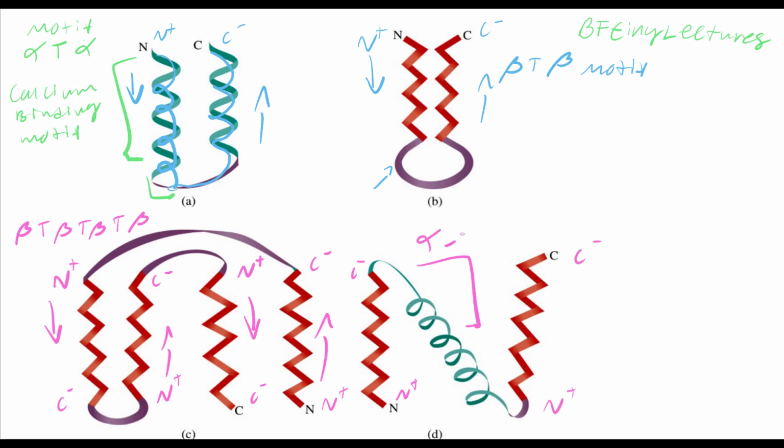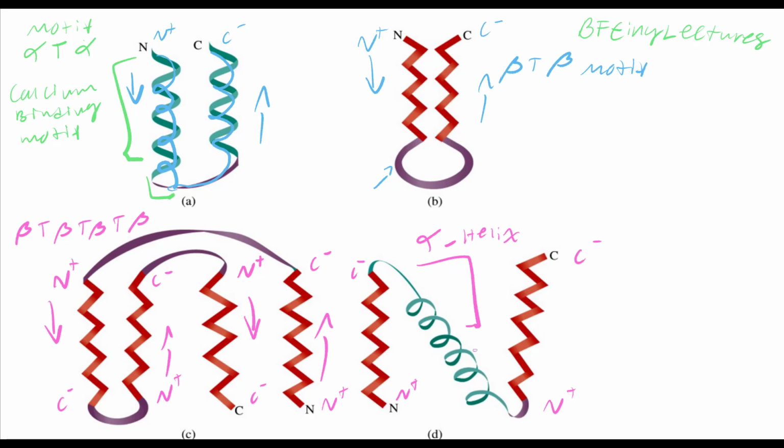Okay. So the thing is, when you're judging alpha helices compared to beta sheets, you want to kind of keep them in their own domain, meaning that, okay, well, technically, it's N positive to C negative, so it's always going to be antiparallel. No.